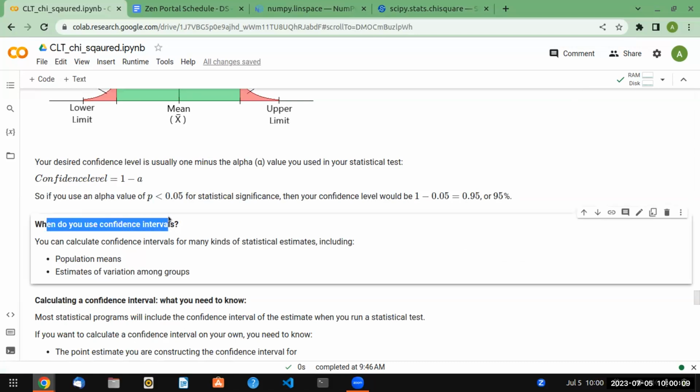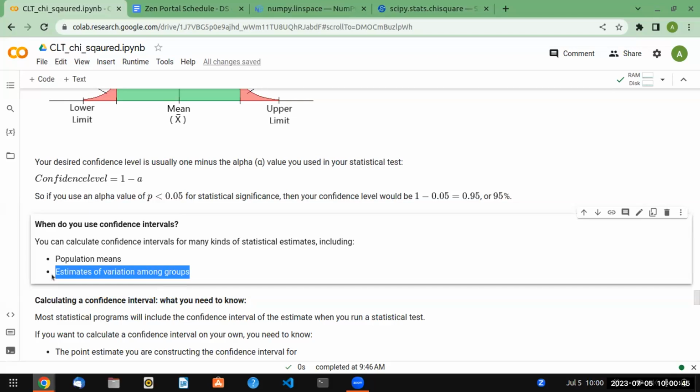When do you use confidence interval? Population means, estimation of variations. So if someone asks you, what is the average age of this population data I have for the whole two or three states or country? If you are considering population data, you can't say this is the exact mean, because the mean can vary at any time, and population data is so vast also.